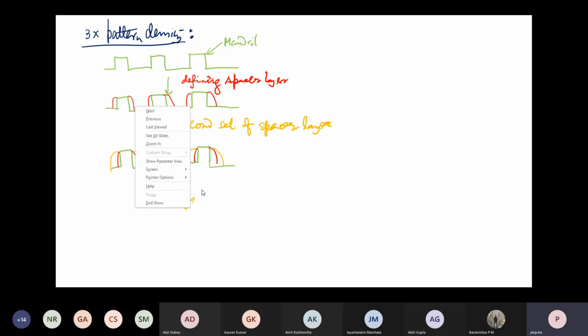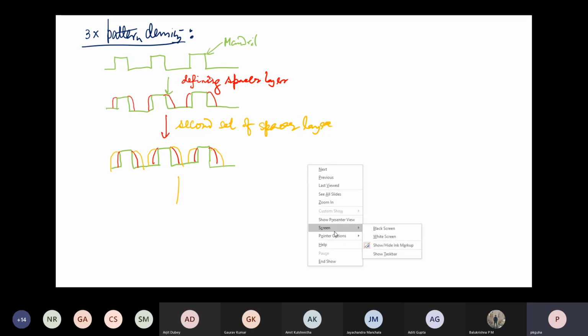Sorry, I can't see this. See my pen. Is the cursor? Yeah. So if I remove this first set of spacer layer, that is made with red, so you end up with this.